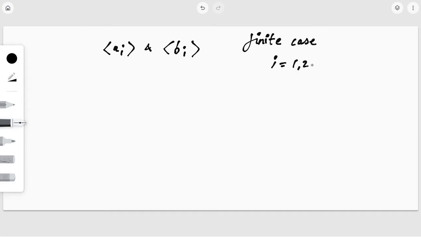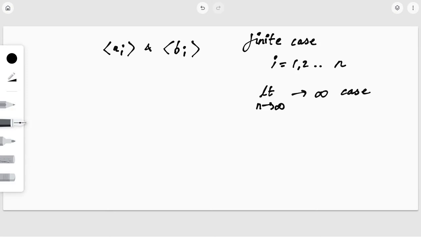What is given to us? We are given two sequences, sequence ai and sequence bi. First note that we will prove this theorem for the finite case, that is when i varies from 1 to n, and when we apply the limit n tends to infinity, we obtain the infinite case.